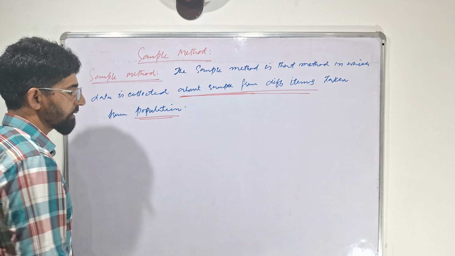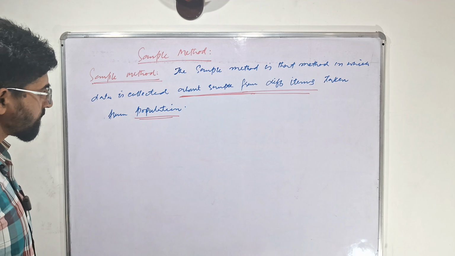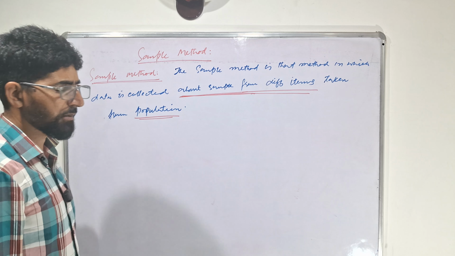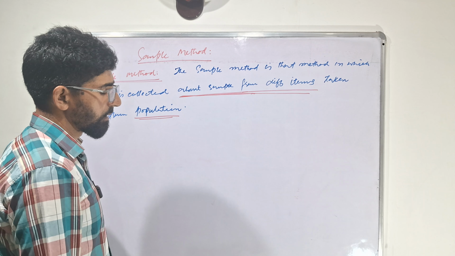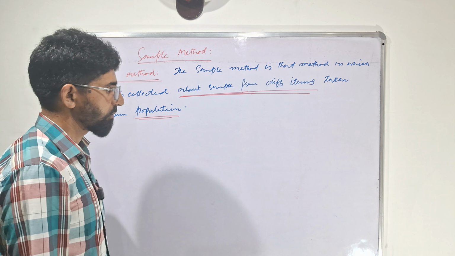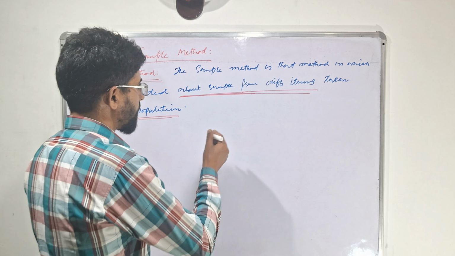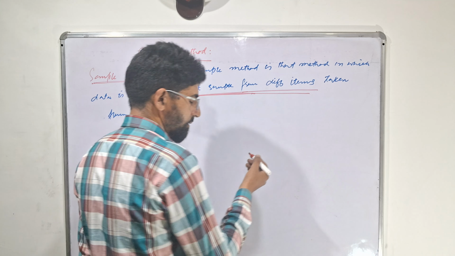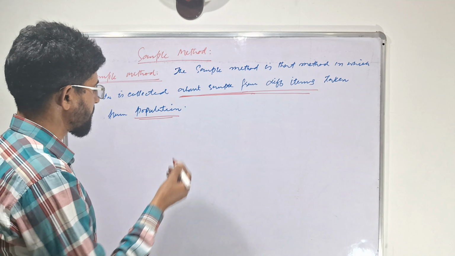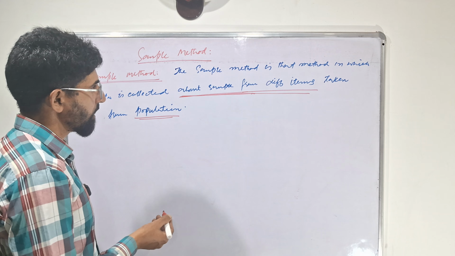Means these samples are taken from the population. As I told you, there is a difference between population and universe. Generally we take population. With population or universe we mean items, especially in statistics.